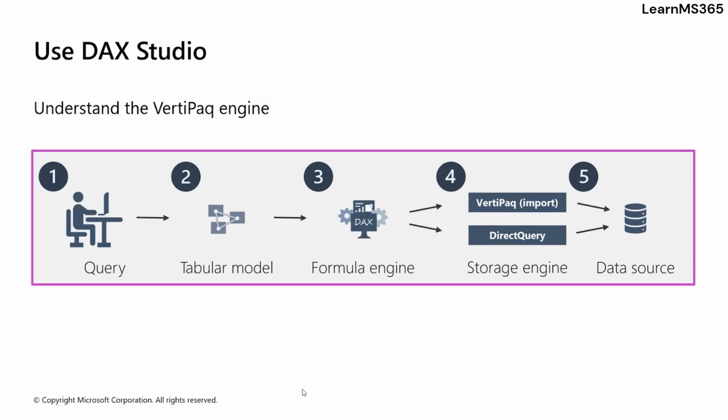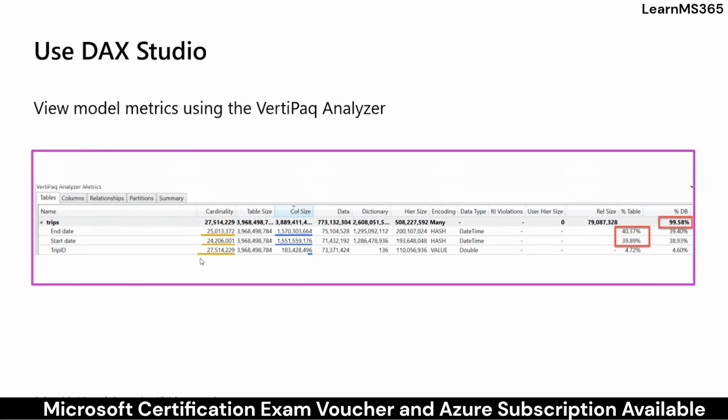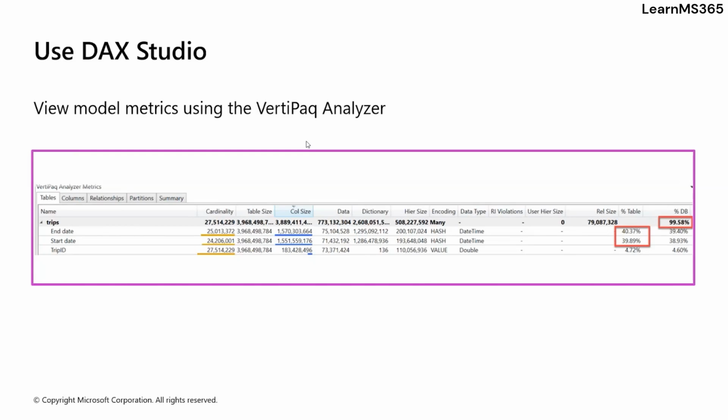Now let's move on to our next slide. View model metrics using VertiPaq Analyzer. Viewing the VertiPaq Analyzer metrics in DAX Studio is a great way to get an overall view of what's going on in your data model.